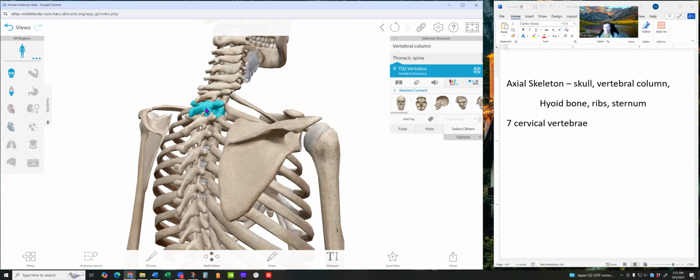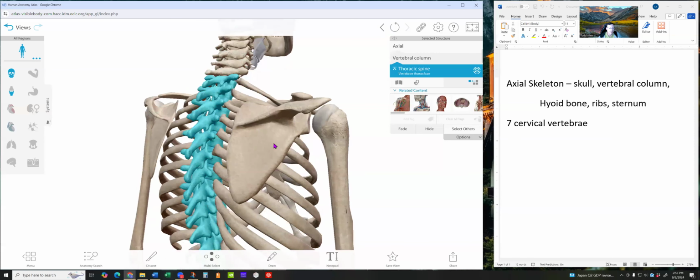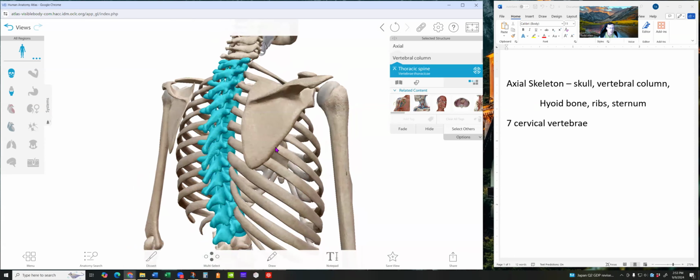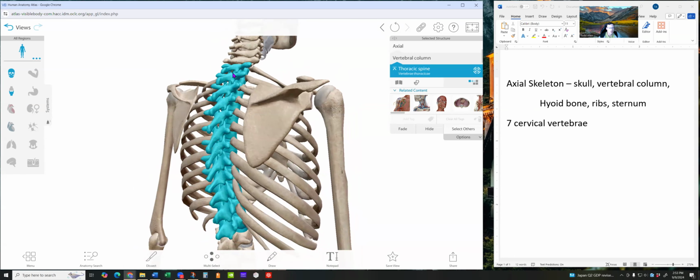So we'll click one of these. Here's thoracic vertebra 2. Go up and click the thoracic spine, and let's shrink it down on your screen so you can count them. 1, 2, 3, 4, 5, 6, 7, 8, 9, 10, 11, 12. Wow, we have 12 thoracic vertebrae.